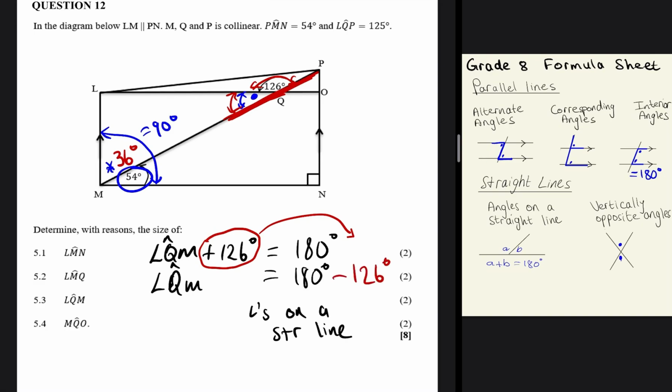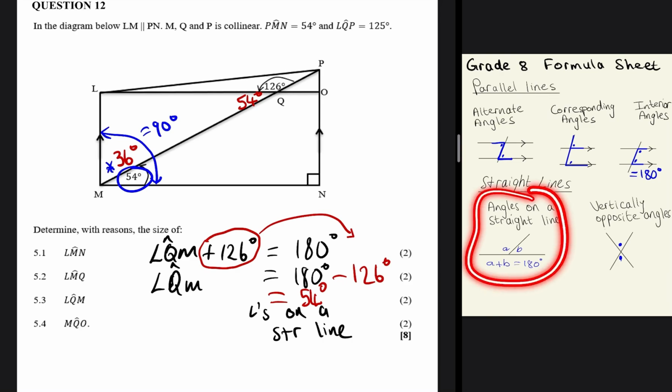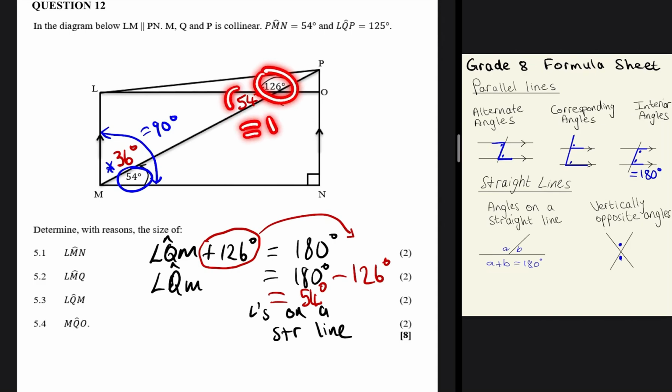If we do that, it becomes minus 126 degrees. Then what's the answer going to be? It will be 54 degrees. Therefore, this angle over here will now be 54 degrees. And again, let's check it, because angles on a straight line equal 180 degrees. Then you can check 54 plus 126. They do indeed equal 180 degrees.